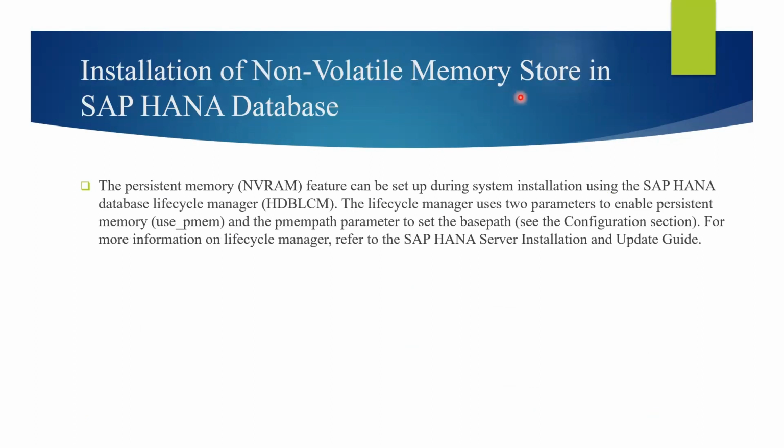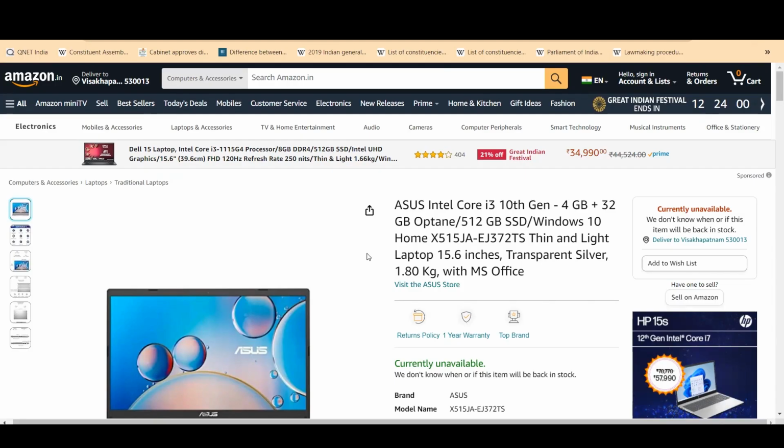Installation of non-volatile memory storage in SAP HANA database. As only volatile memory storage is configured in the system by default, the additional feature of non-volatile memory can be set up by installing the SAP HANA Database Lifecycle Manager tool. For example, if you see this Asus laptop, we find here the word Optane Memory.